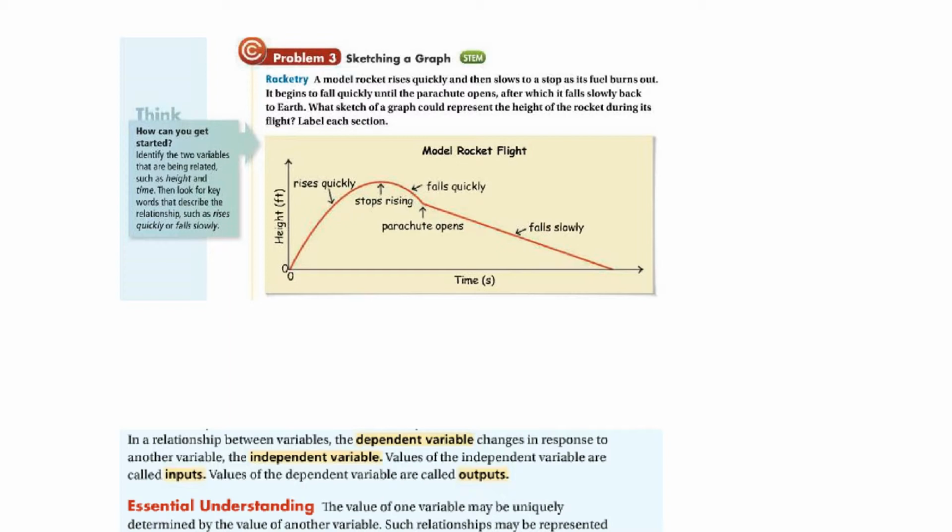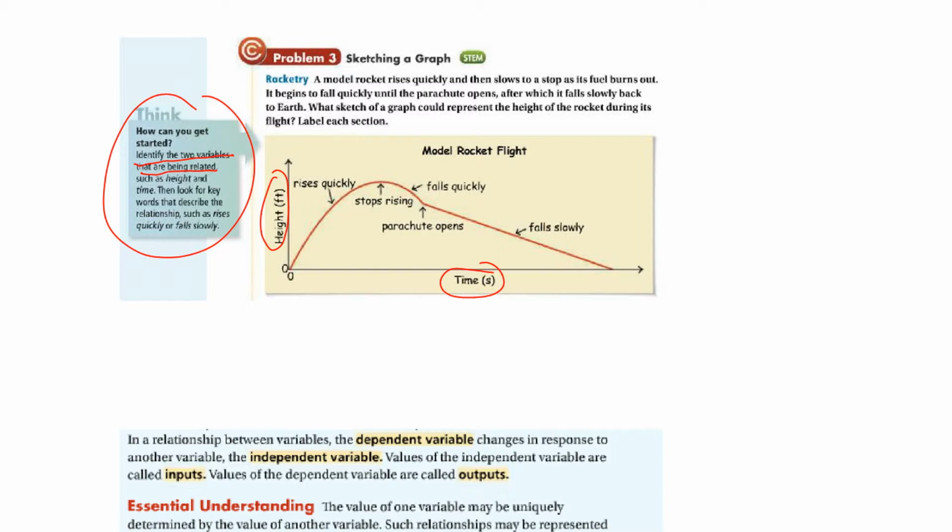So first we identify the two variables that are being related. In this case, our height and our time. And the height depends on the time, so I put the height on the vertical axis and the time on the horizontal axis. And then I just start.